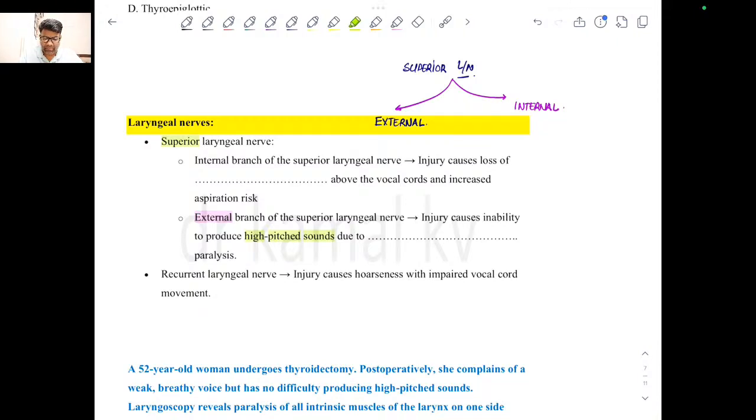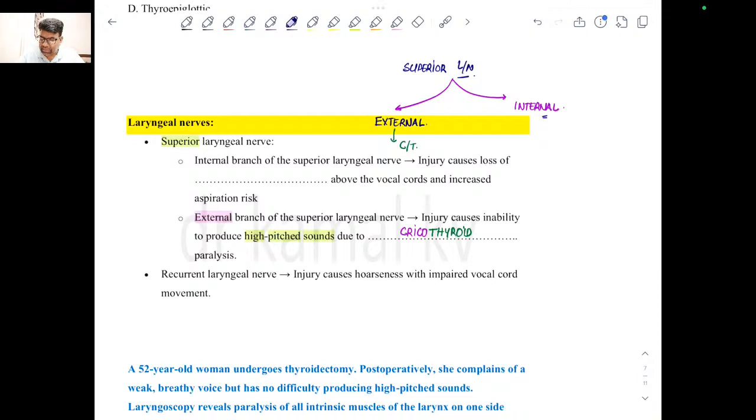So this is cricothyroid. Clear? Yes, both of you are correct. So this is cricothyroid.